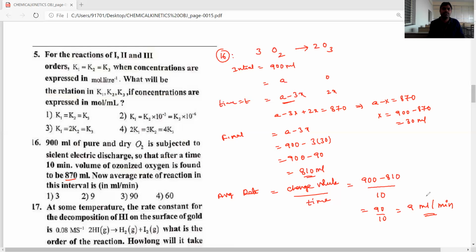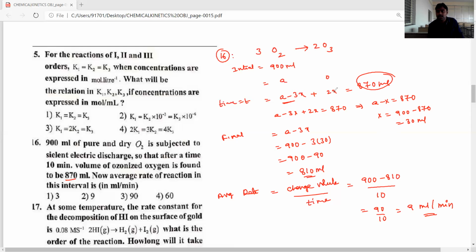Let's see, 900 ml of pure oxygen is present. After 10 minutes it is ozonized, meaning it converted into ozone. Then the total volume appeared is 870 ml. But how much oxygen is decomposed? 3x is decomposed.